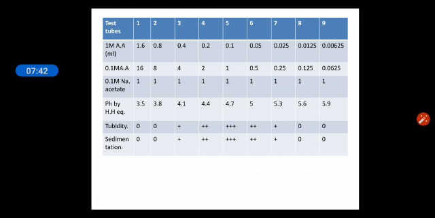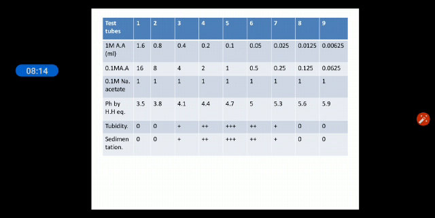And turbidity in test tube number 4 is more than test tube number 3, but maximum in test tube number 5, and sedimentation and precipitate formation is also maximum in test tube number 5. So most likely this is the isoelectric pH of the given protein, casein, at which casein has the highest tendency to get precipitated.